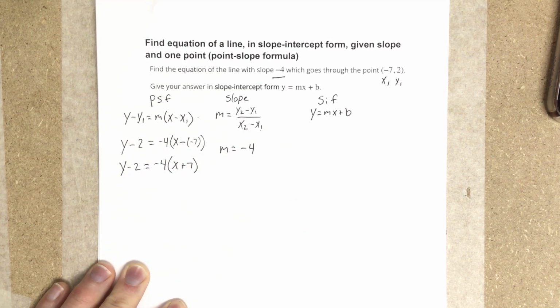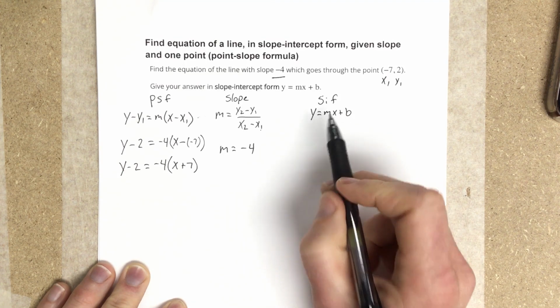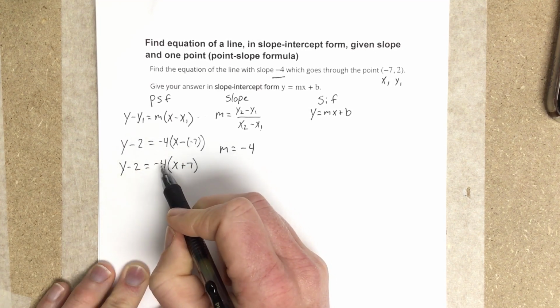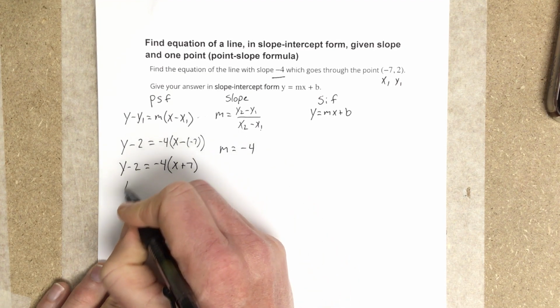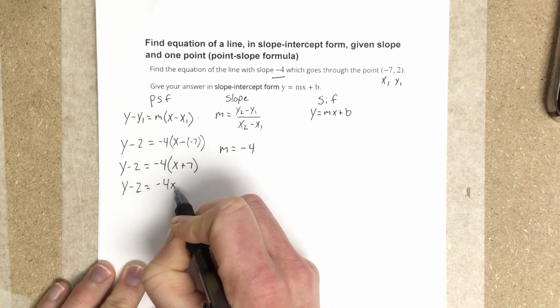Subtracting a negative is like addition. I'm trying to work myself into y equals mx plus b form. So I'm going to distribute this -4 to each term. I get y minus 2 equals -4x minus 28.